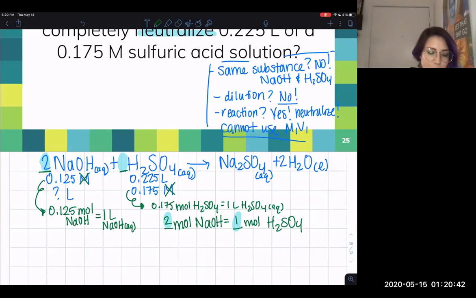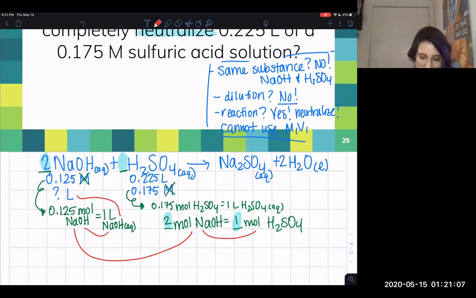So remember when we first started doing dimensional analysis. I want you to think about this, and I'm going to erase this in just a second. You know, in those movies where they're trying to track a killer and they have the bulletin board with all the strings attached? That's kind of what we're doing with our units. These moles of sodium hydroxide are connected here. Moles are connected here, and these liters are connected to these liters.